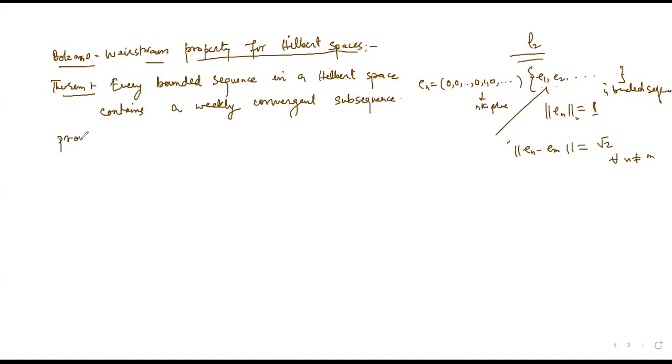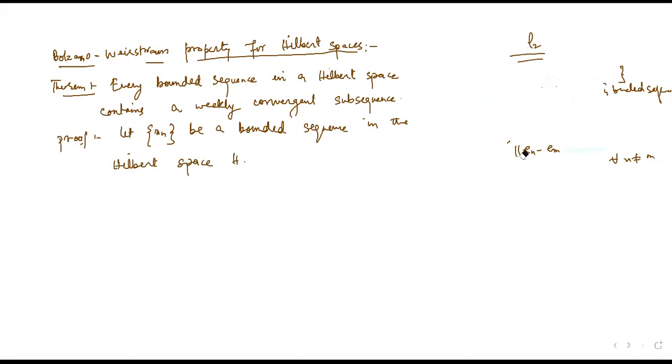So let's start the proof. We take a bounded sequence. Let xn be a bounded sequence in the Hilbert space H. What does a bounded sequence mean? It means there exists some positive M such that the norm of xn is less than or equal to M for all n greater than or equal to 1.